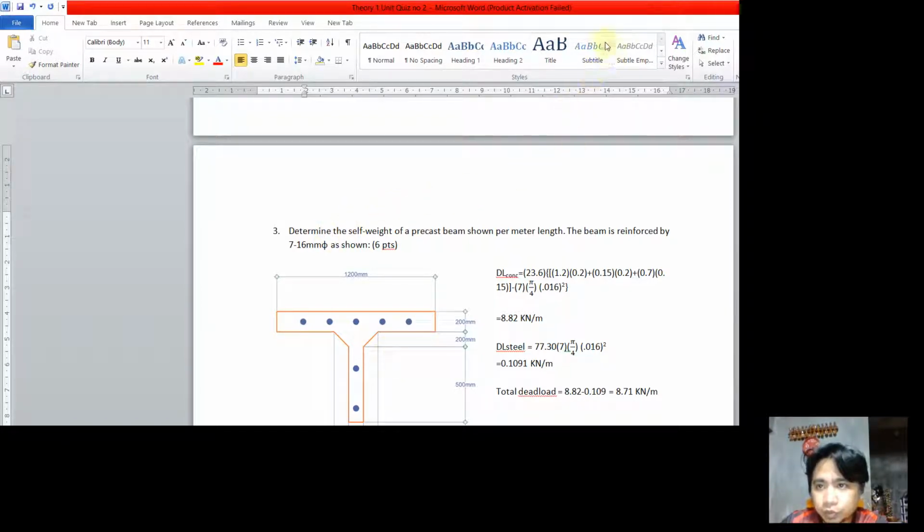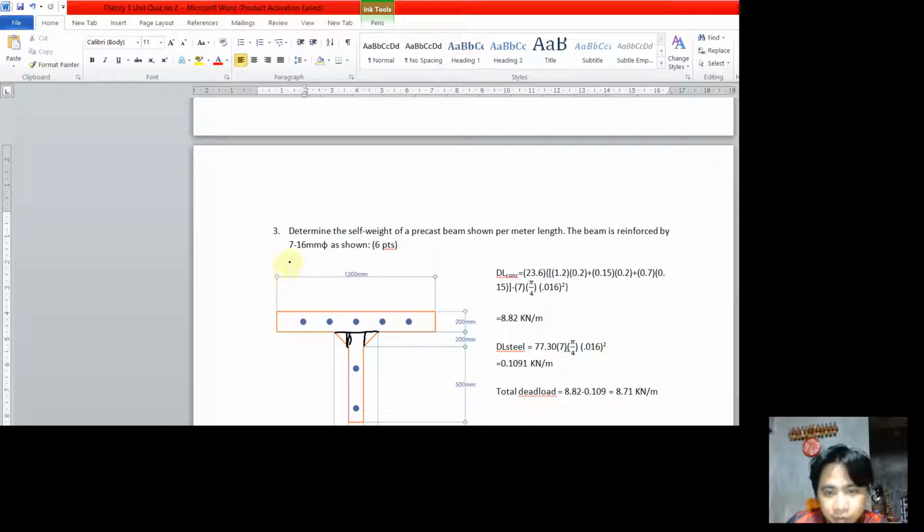So of course this is divided into, let us assume, a rectangle and two triangles.